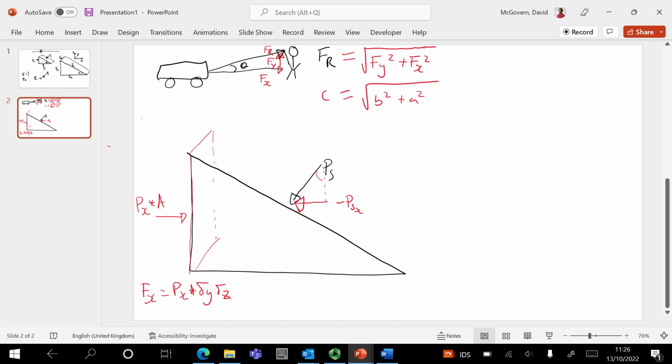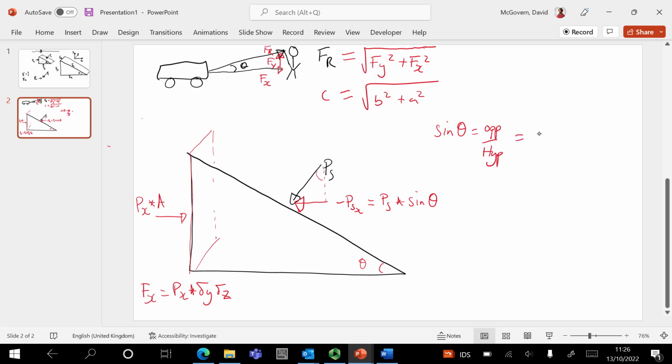And that internal angle is the same as the main one. Okay, that's just geometry. So we can say, look, PSX must be equal to the pressure in the s direction, which is the hypotenuse, multiplied by the sine of the internal angle. Why is that? Because sine theta equals the opposite over the hypotenuse.